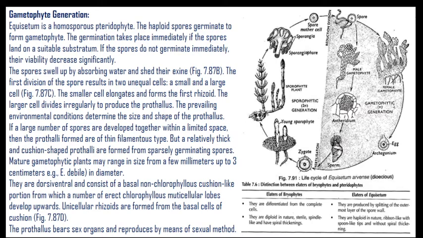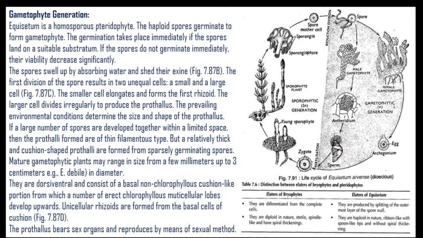The haploid spores germinate to form the gametophyte. The germination takes place immediately if the spores land on a suitable substratum. If the spores do not germinate immediately, their viability decreases significantly.